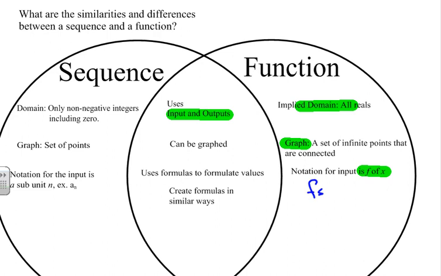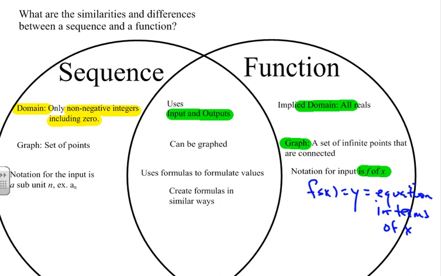We call them f of x equals y, and the y is always equal to an equation in terms of x, correct? Well, with sequences, we have something very similar. We also have inputs and outputs, except the domain for sequences is only non-negative integers including 0.